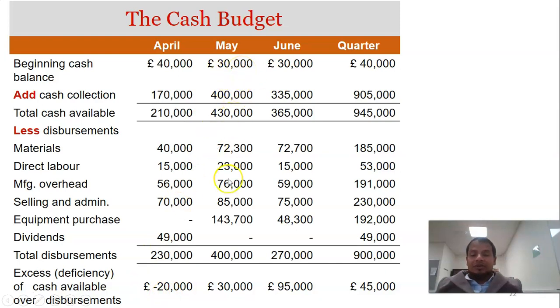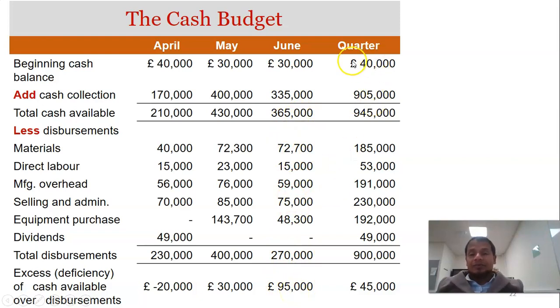Then add collection, 430,000, and deduct all disbursement, 400,000 from 430,000, and you will get 30,000 as the ending balance. Put this here as the beginning balance of June, add collection 365,000, and deduct all the disbursement 270,000, and then you will get 95,000 as your ending balance.